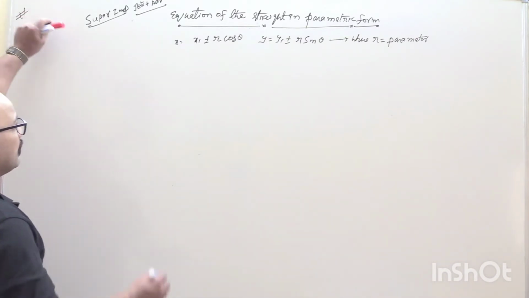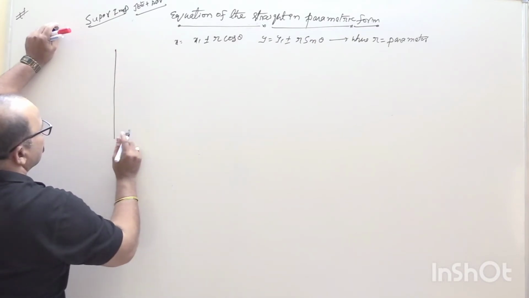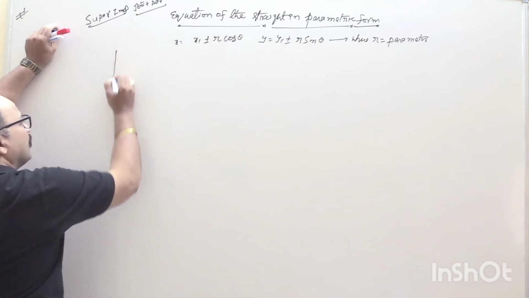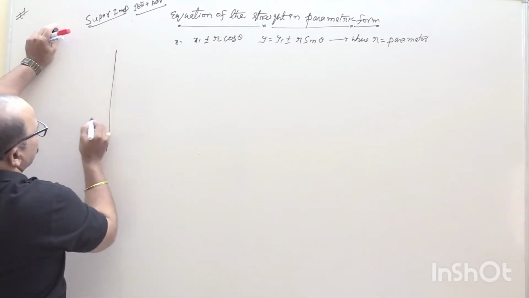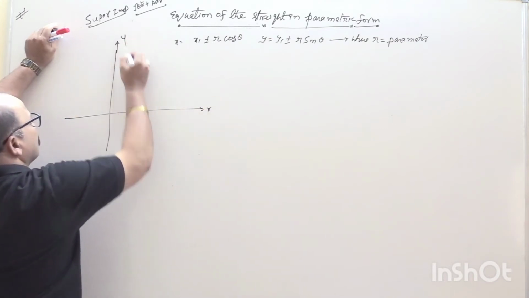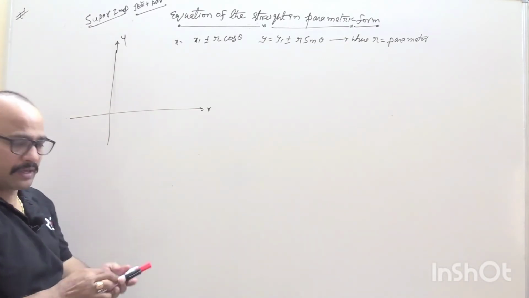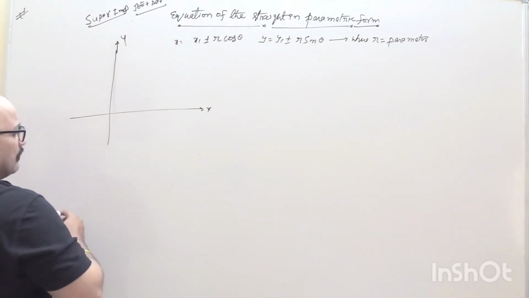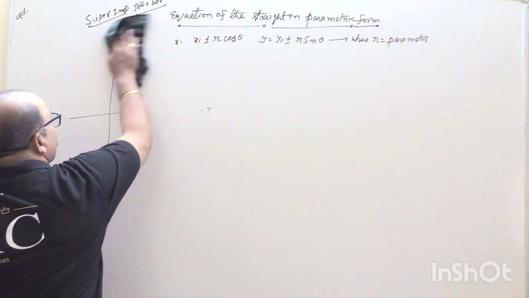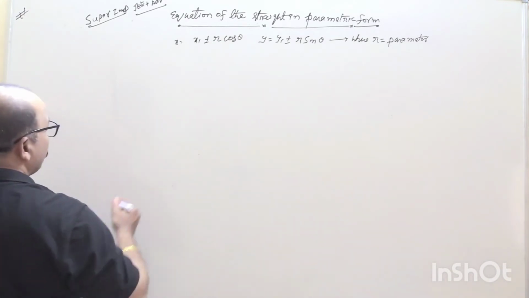First draw the figure, students. This is the coordinate axis, x axis, y axis. I am going to draw one line. Better to draw a big figure, not a small figure.